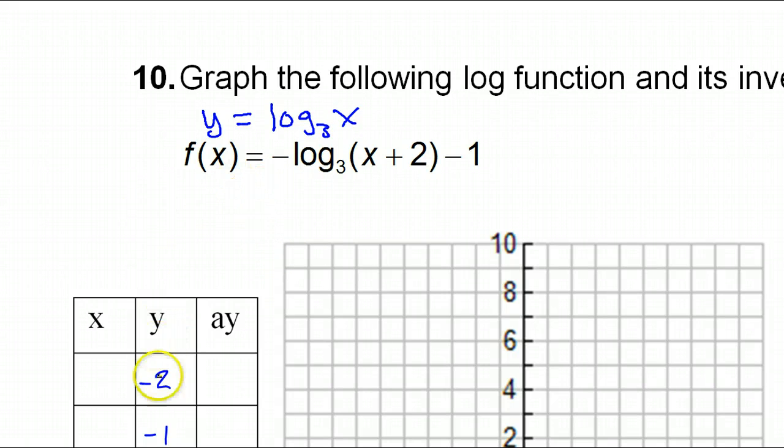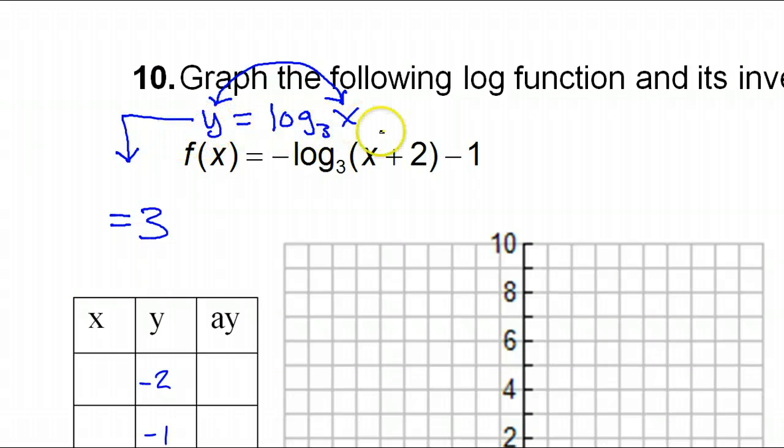But we're working backwards, starting with the y, so it would be helpful to use the exponent form of this. So starting with the base, bring my base down, and then the y and the x, when you change forms, these will change sides. So it'll be x equals 3 to the y power.